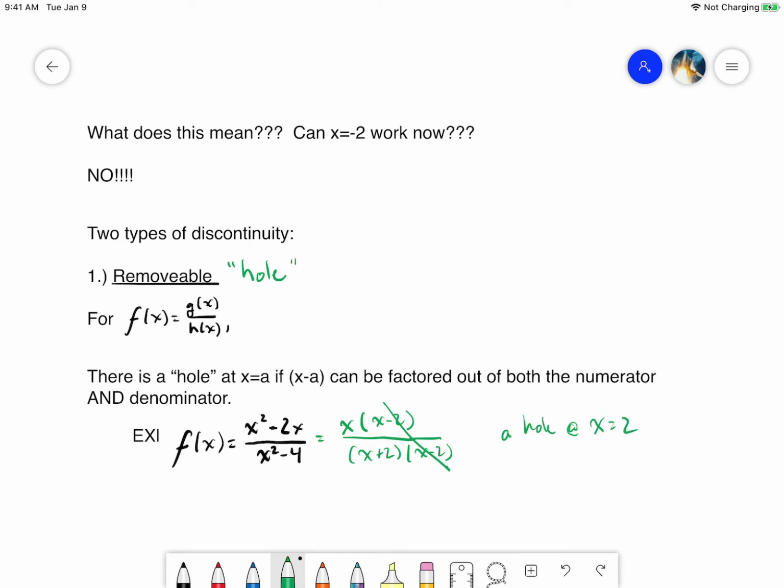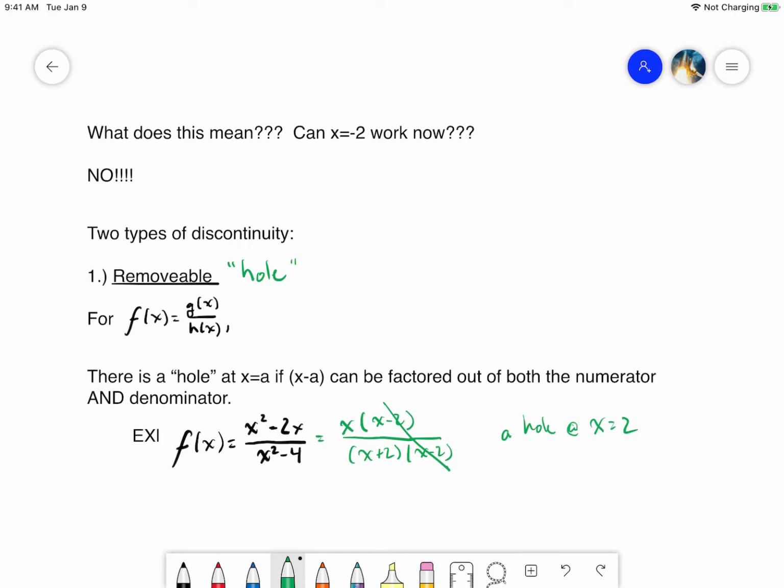The reason why is that, again, these are both getting removed, and essentially in the denominator, positive 2 and negative 2 should be asymptotes or points of discontinuity, right? But because I can remove it, we actually have a hole at x equals 2.